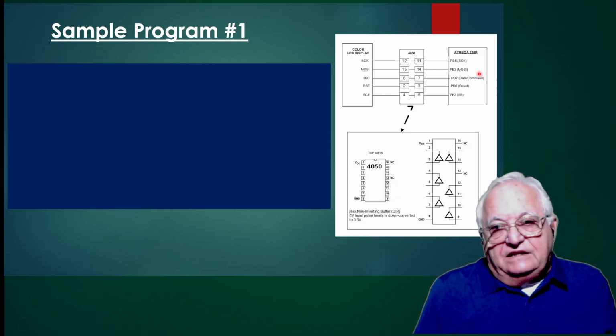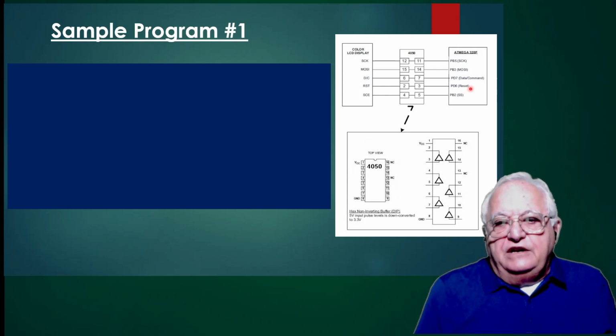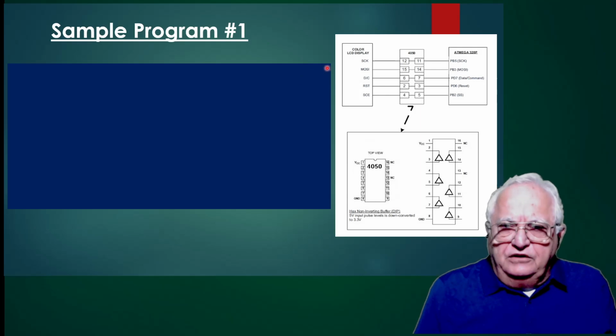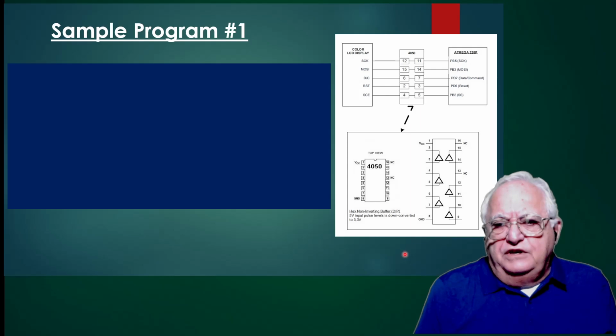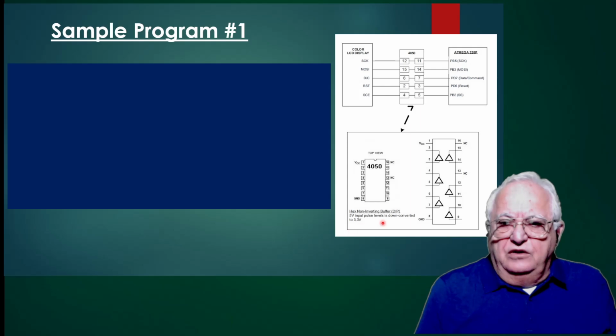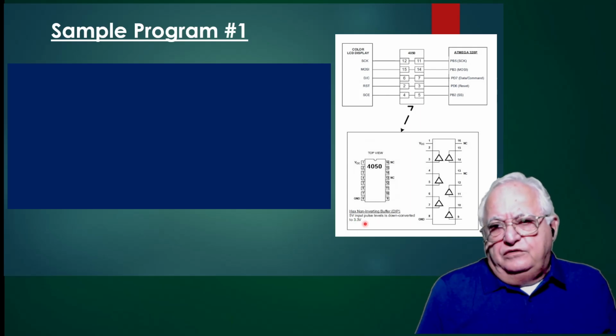But it seems that if you read the small text, they're going to tell you that even though the display can work with 5 volts, you need to down convert your pulses to 3 volts. So then you put this chip in between that does the job.